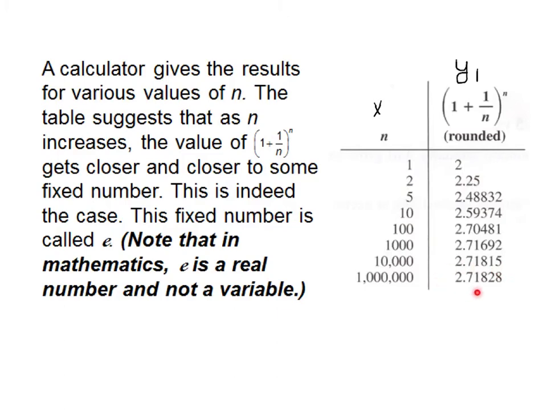This is what we call e. In mathematics, e is a real number. It's irrational, which means you're not going to be able to write it as a fraction. But it is a real number, and that's why we don't use it as a variable.